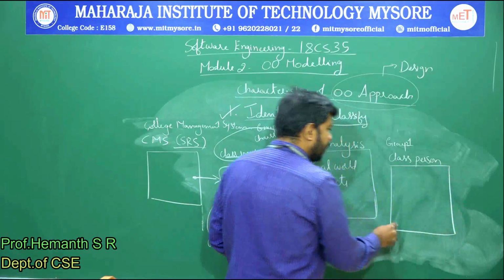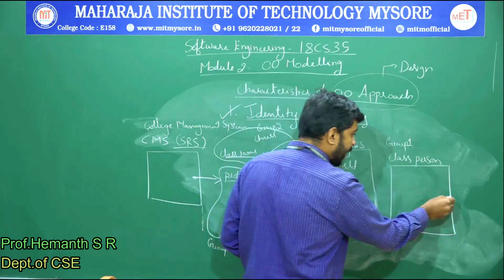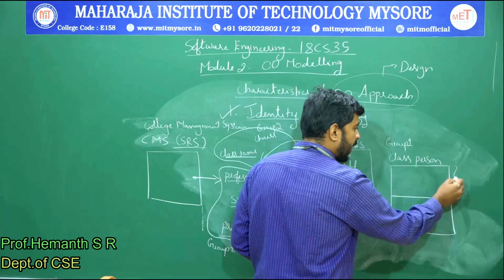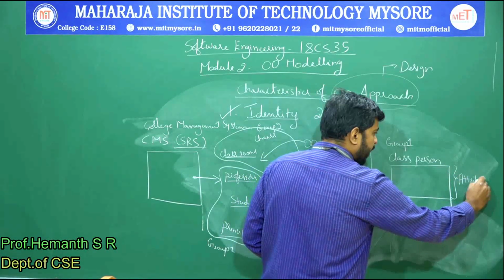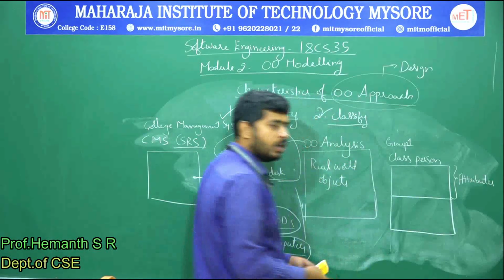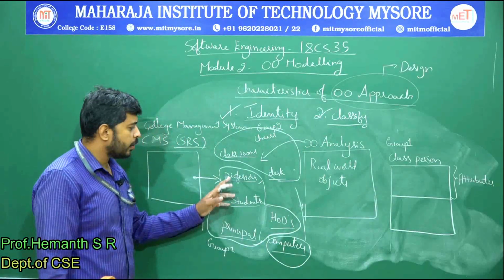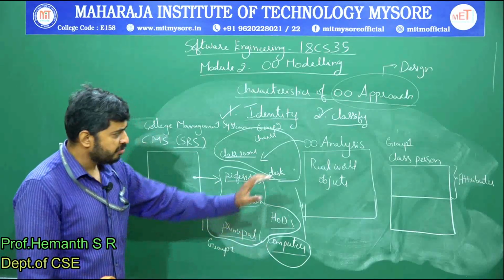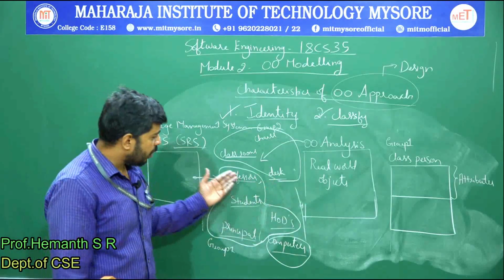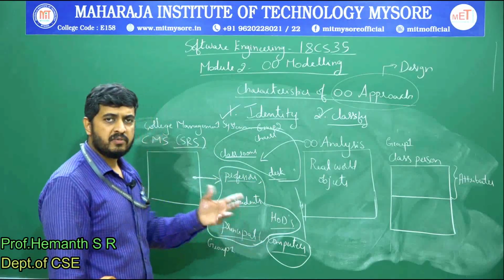Can I identify a few properties, a few attributes which are common to everyone? It may be a professor, student, HOD, principal. Can I identify a few things which are common among all the entities? Definitely.